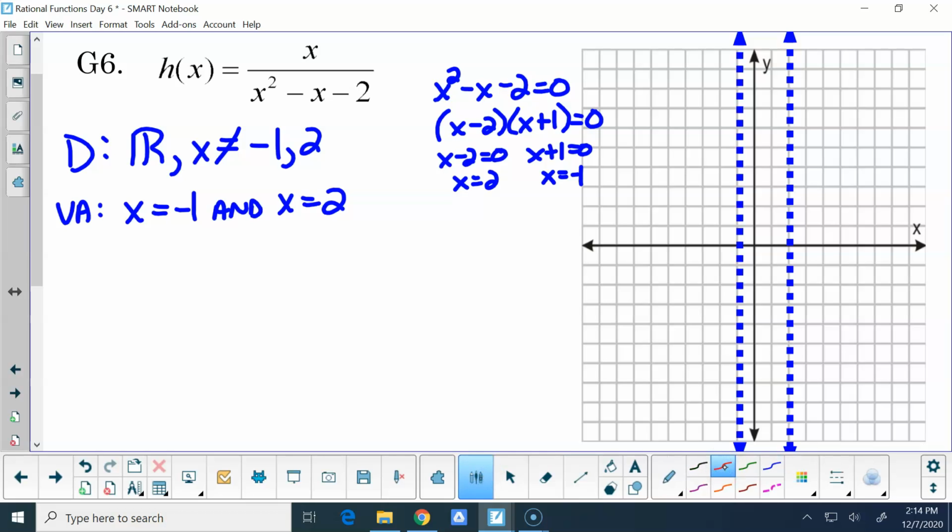Horizontal asymptote: the degree on the top is 1, the degree on the bottom is 2, so that is a small over big case, which is y equals 0.